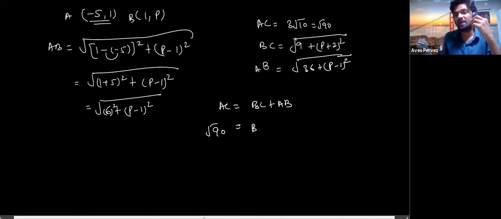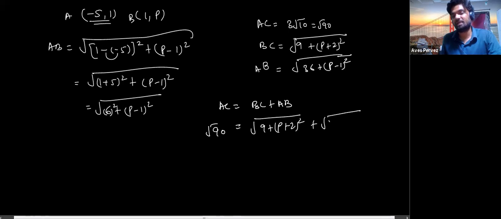So this is root 90 equals the square root of (9 plus p plus 2) whole square, plus under root of 36 plus p minus 1 whole square.